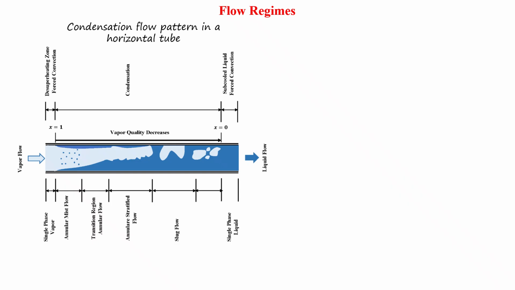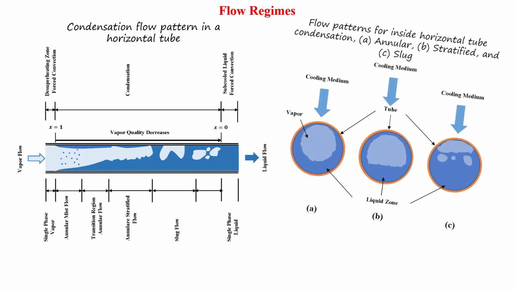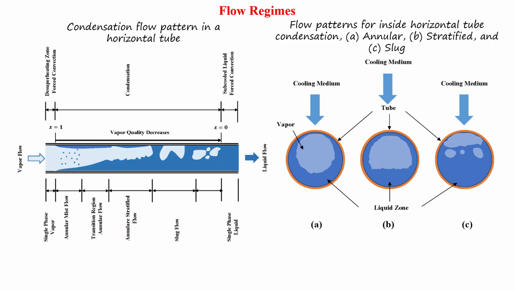In fact, the shape of the condensate inside the horizontal tube can be shown in this figure, that the condensation process inside the horizontal tubes is a shear controlled or a gravity controlled mechanism. The annular flow pattern is usually associated with high vapor shear, whereas stratified flow appears when gravity is the dominant force.